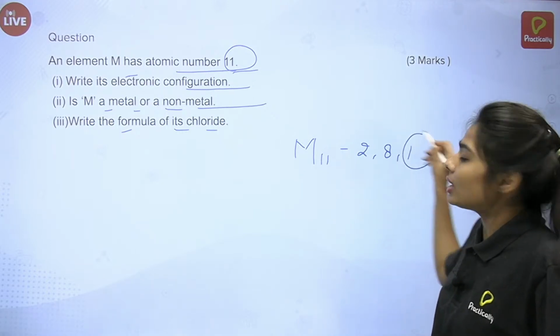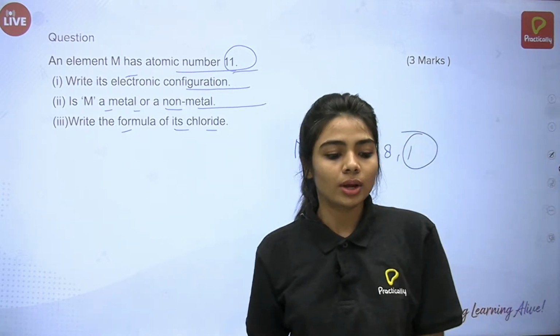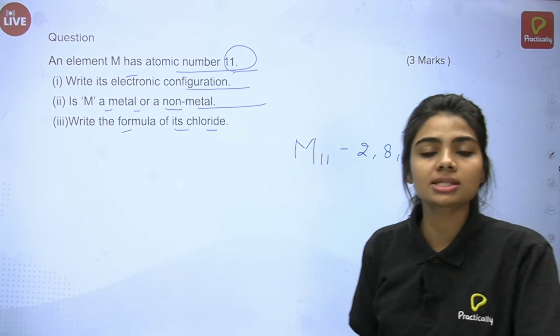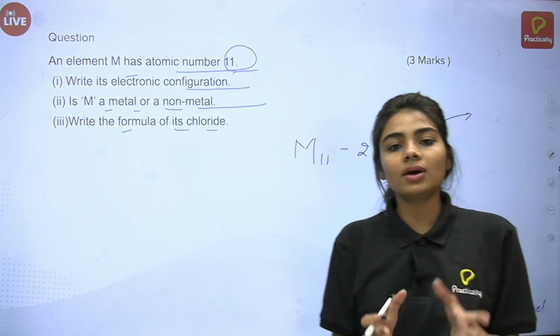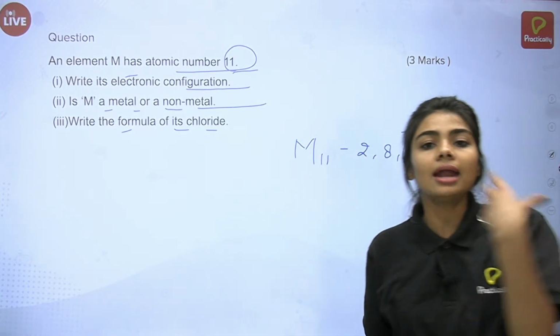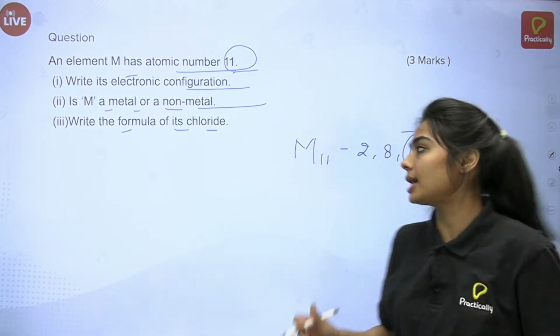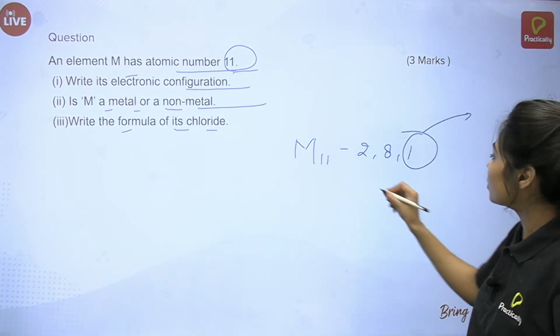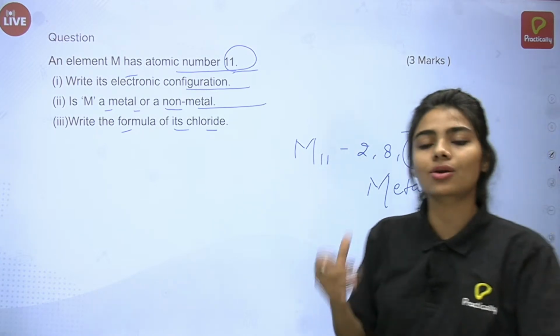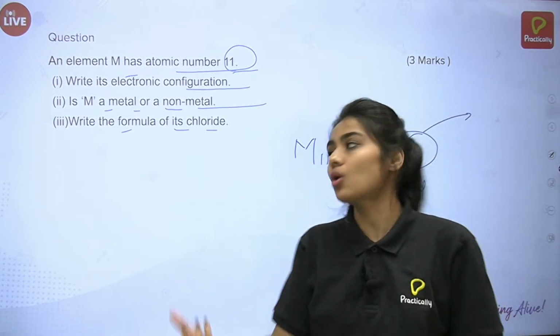If it has 1 valence electron, what will it do? It will try to lose this electron. Whenever there is a loss of electron, it is considered a metal, and non-metals have the tendency to gain electrons. It is losing 1 electron, that's why it is a metal. If it gains electrons, then it is called a non-metal.